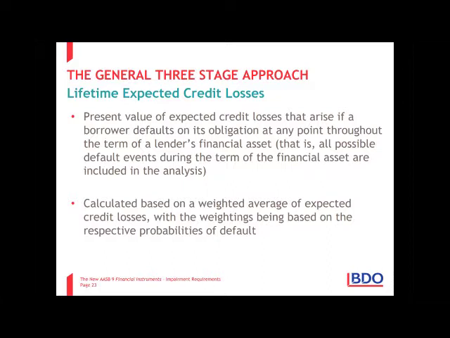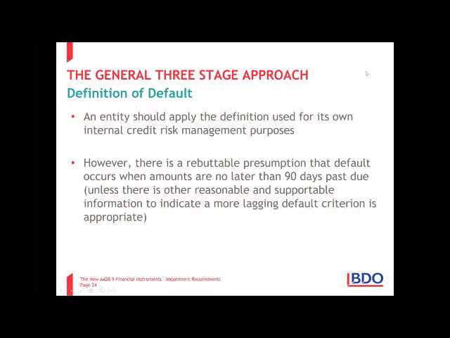So as soon as there's been a significant increase in credit risk, we're not just looking at what's the possibility of a default within the next 12 months. We now have to come up with what's the possibility of a default in the lifetime of this financial asset. And it's calculated based on a weighted average of expected credit losses.